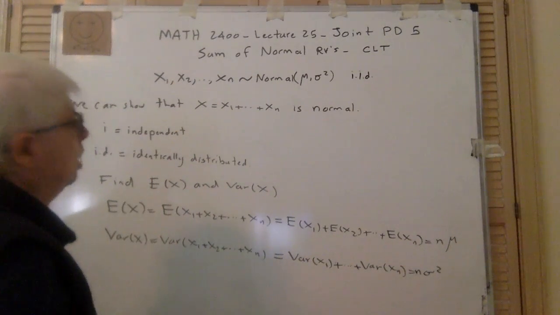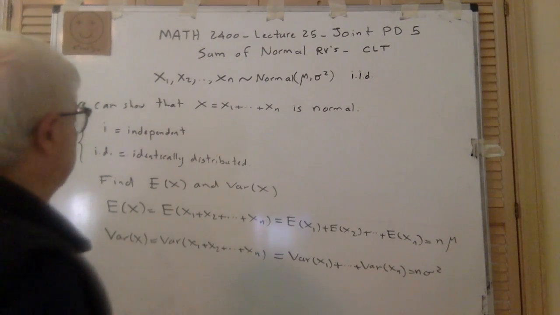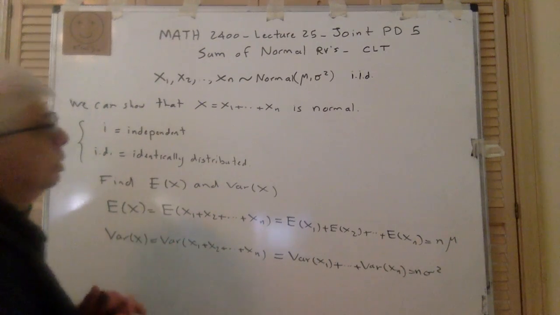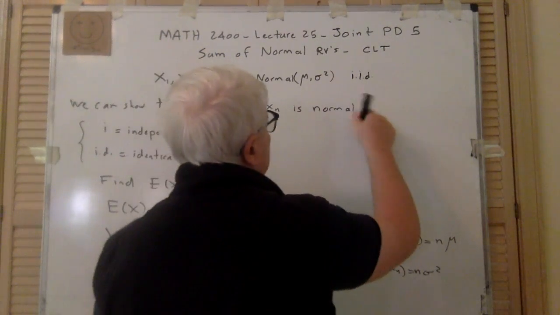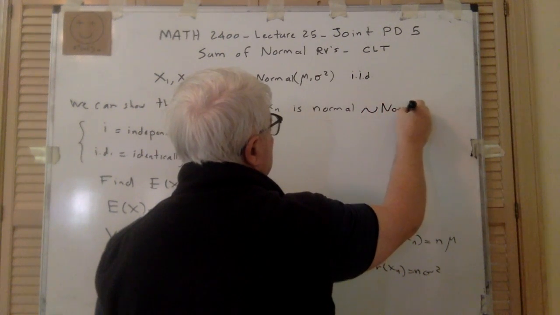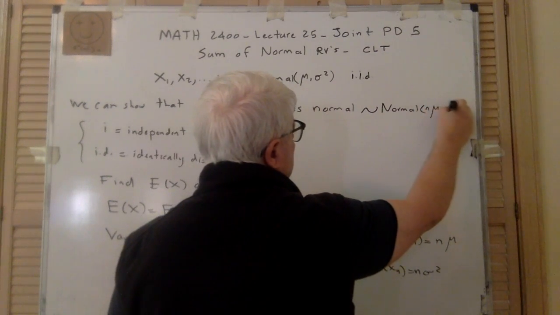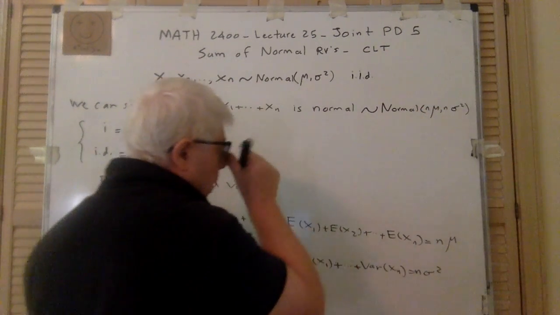Okay, so we can say that this X is in fact normal, with mean n mu and variance n sigma squared.